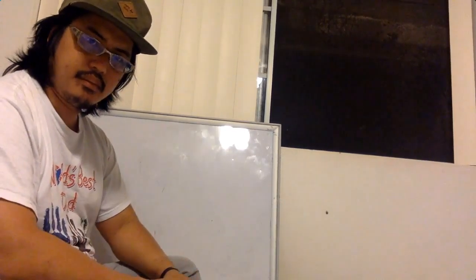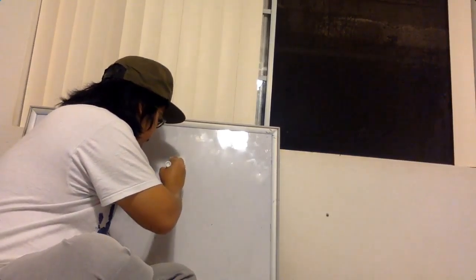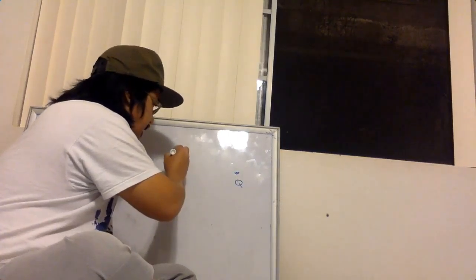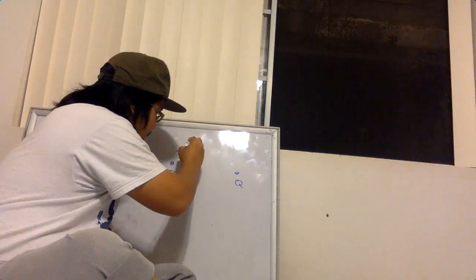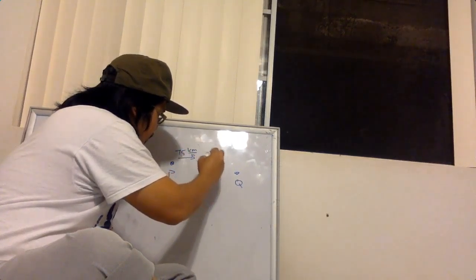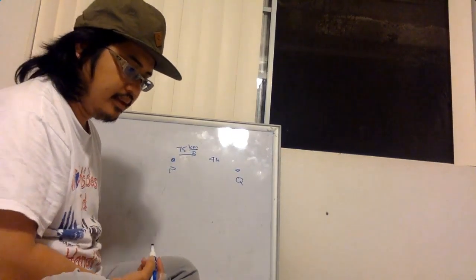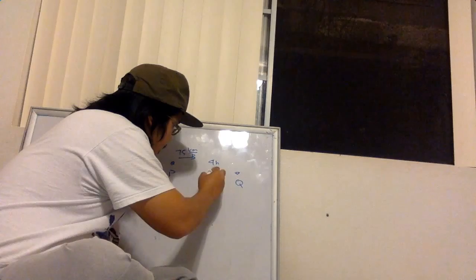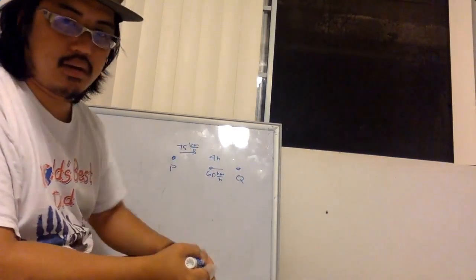Okay, well, let me draw the problem for you. Here's town P, here's town Q, and he drove, going that way, 75 kilometers per hour, and it took him 4 hours total. On his drive back, he went 60 kilometers per hour. How long did it take him?